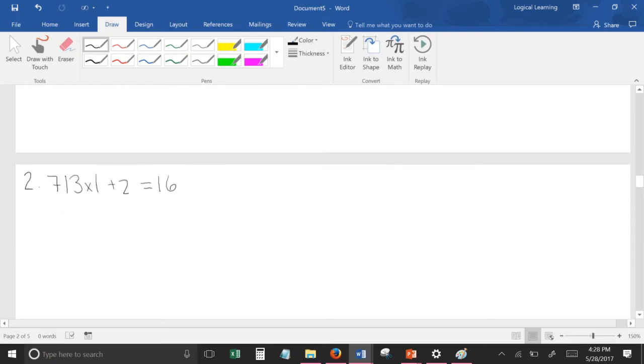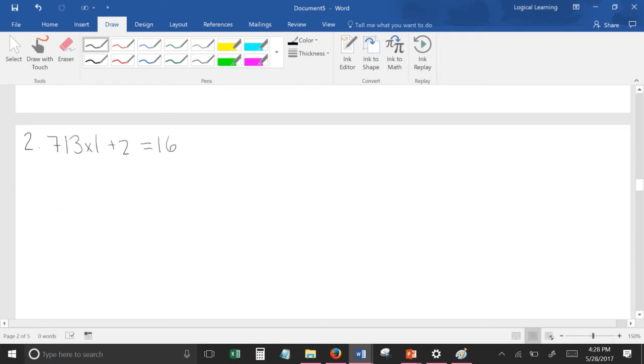So let's go ahead and run through a few more examples. Again, we have a lot of terms over here. We have 7 multiplied by the absolute value of 3x, plus 2. And to separate it into two equations with a positive and negative, we need to just have the absolute value. So we subtract 2 from both sides, and we have 7 times the absolute value of 3x is equal to 14.